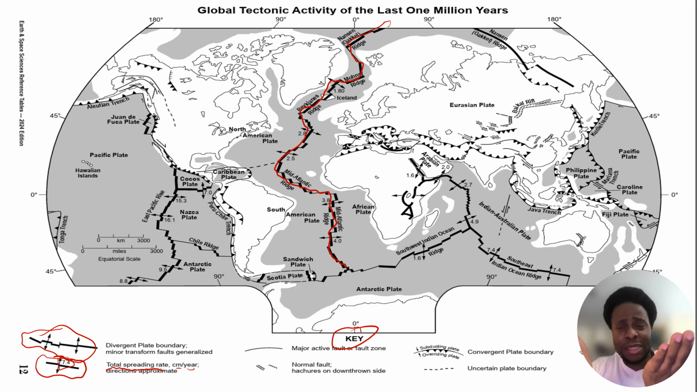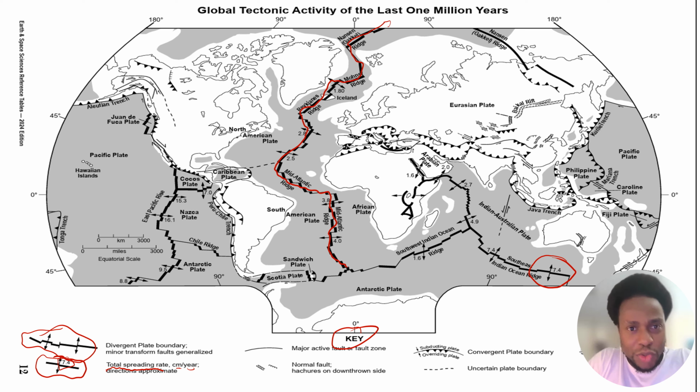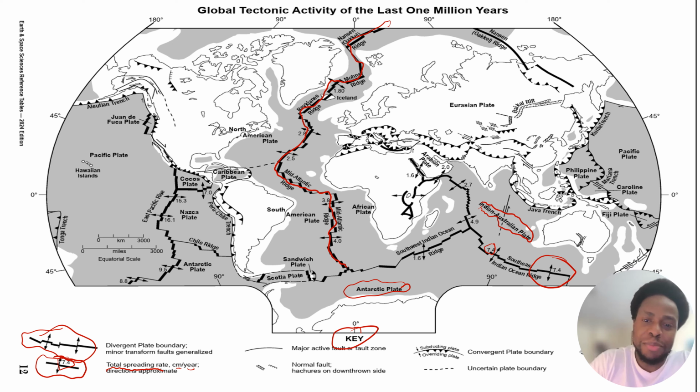For example, when you look at this region in the Southeast Indian Ocean region, the two plates, which is Antarctic plate and the Indian Australian plate, those two plates are separating in these two regions at a speed of 7.4 centimeter per year. So if you look all around on each of the divergent plate boundary, you're going to see various numbers attached to it.